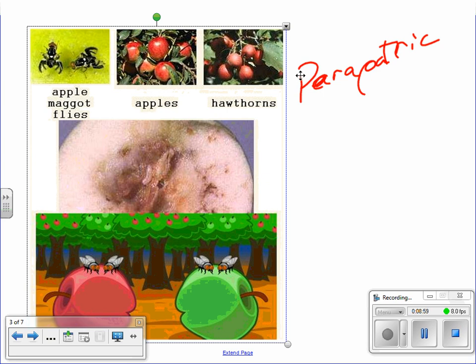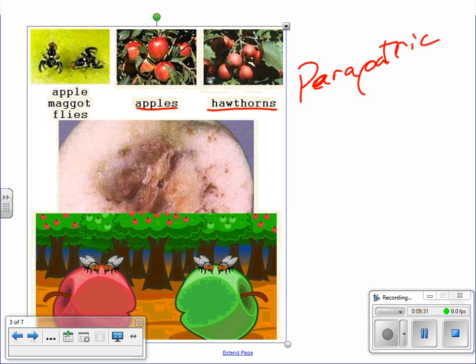So in this example, we have fruit flies that were normally feeding off hawthorns, and these hawthorns were everywhere in the habitat. So normal fruit flies bred and mated on those hawthorns. But introducing apples to the habitat allowed for another set of flies to start actually mating and feeding on the apples.